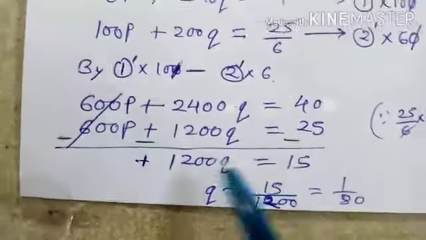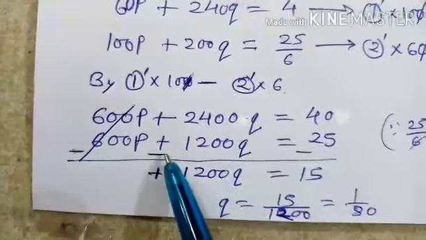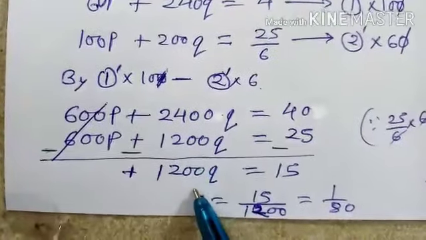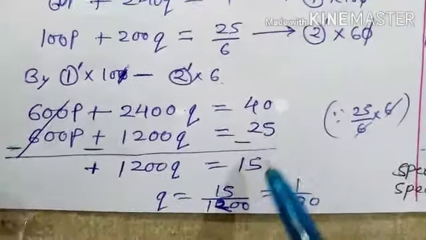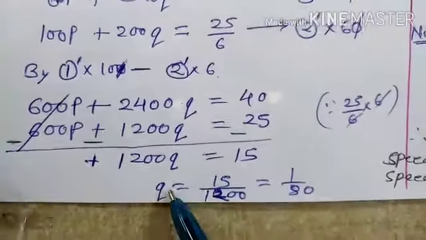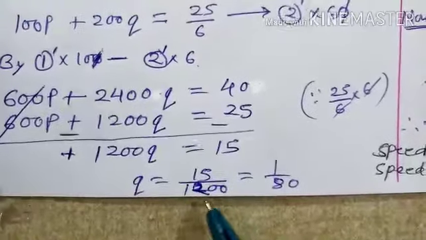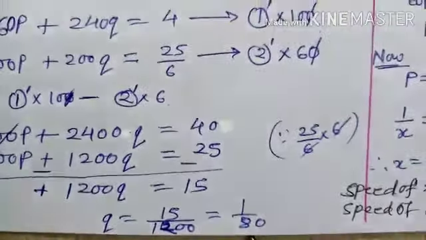Subtract these two equations. 600p cancels out, 2400 minus 1200 leaves 1200q, and 40 minus 25 leaves 15. So q is equal to 15 upon 1200, which is 1 by 80.